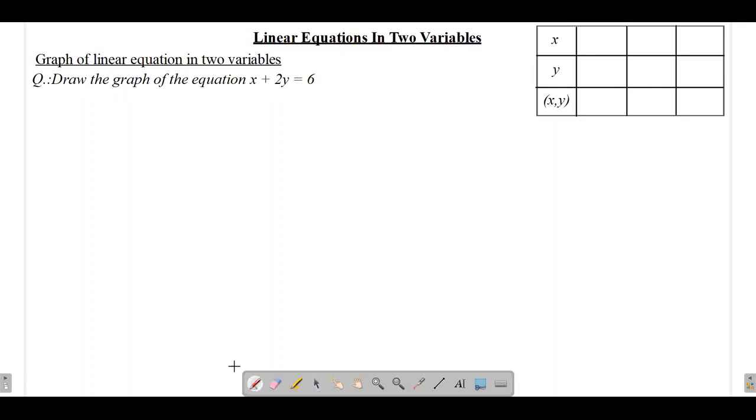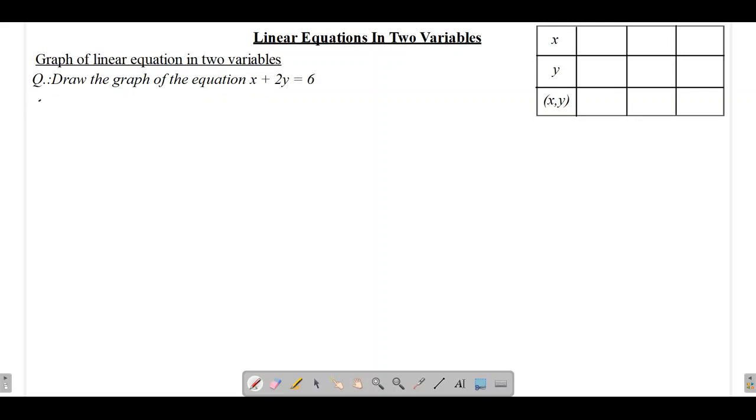So now for the same I have taken an example: draw the graph of the equation x plus 2y is equal to 6. Let us proceed with the steps to show this equation graphically.